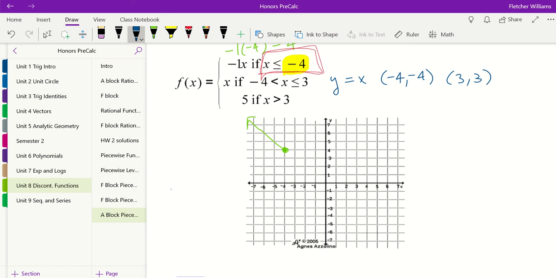So on the left side I have negative 4 comma negative 4 with an open circle because x is only greater than negative 4 there, and then I have a closed circle at 3, 3. I can connect that line together like this. It's just a slope 1 line.